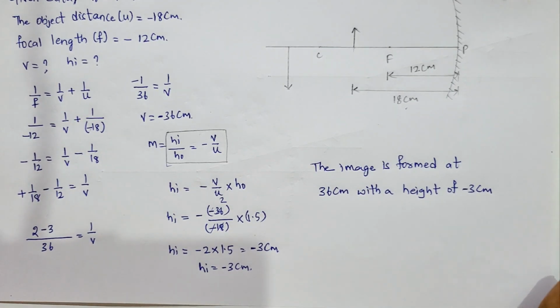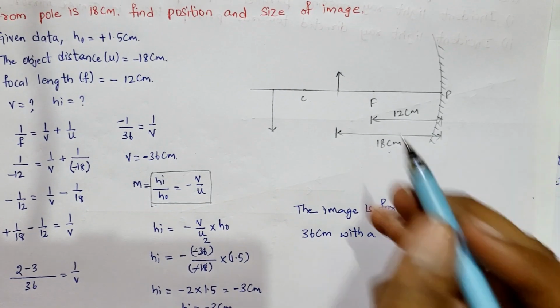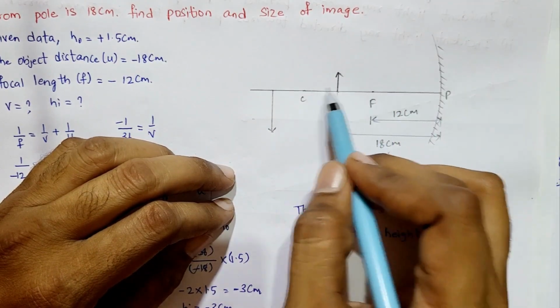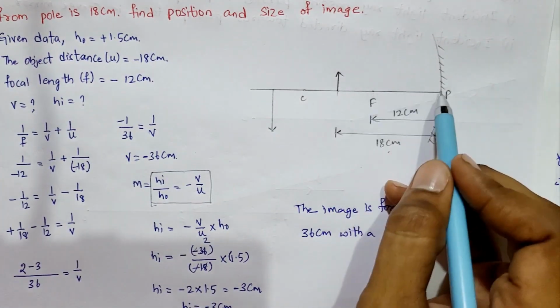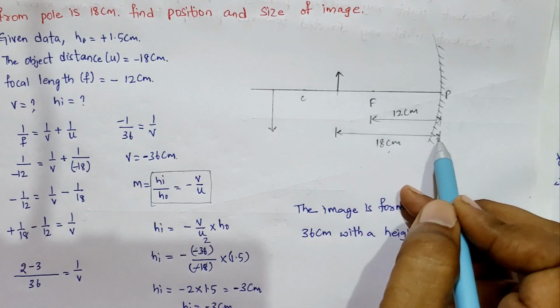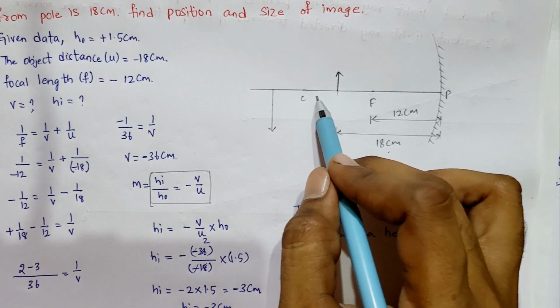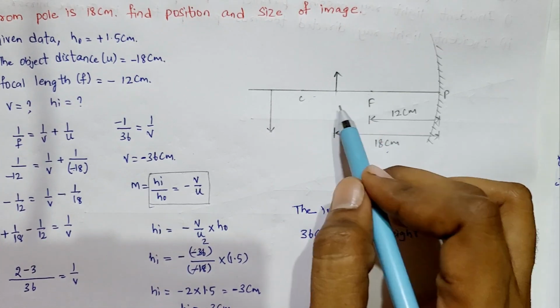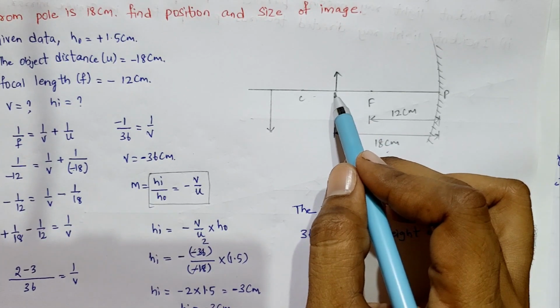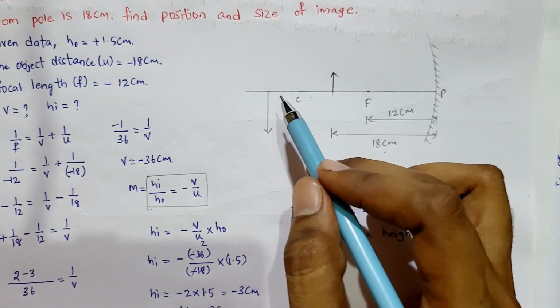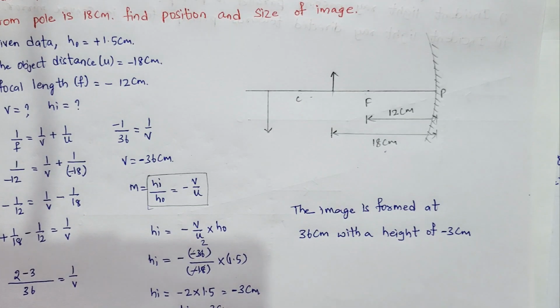If you remember the ray diagrams, when the object is placed between C and F, they mentioned the focal length as 12 centimeters and the object distance as 18 centimeters, so the object is placed between C and F. When the object is placed between C and F, from the ray diagrams we can say that the image will be formed behind C. A real, inverted, magnified image will be formed.